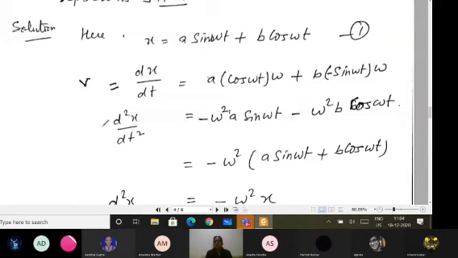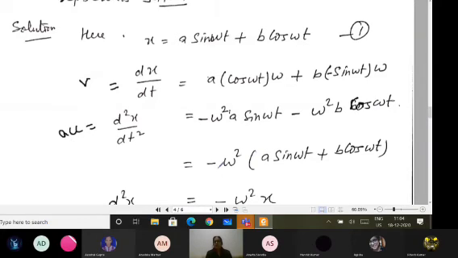If I want to find the acceleration, that is dv by dt, or d2x by dt square, I get the derivative of cos omega t as minus sine omega t into the derivative of omega t, so one omega is already there. So I get minus omega square A sine omega t minus omega square B cos omega t.